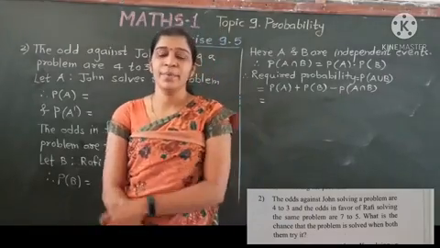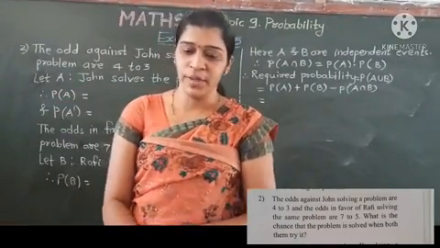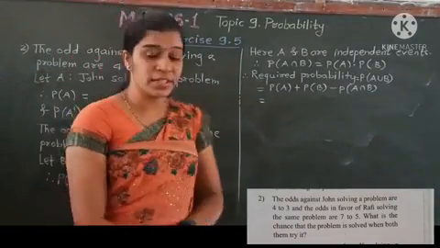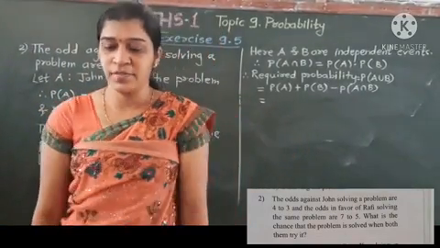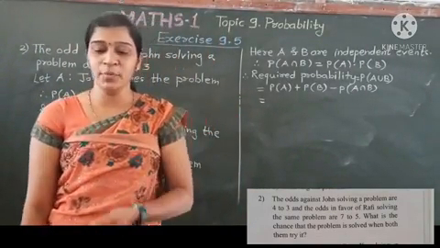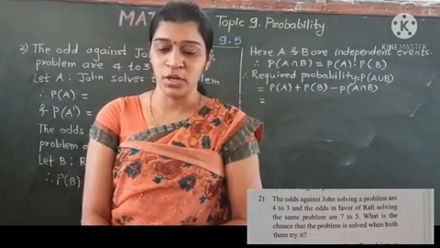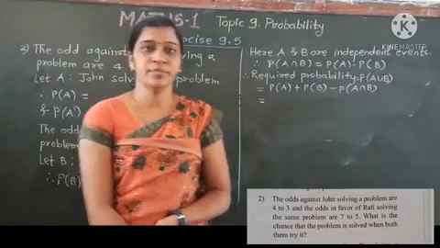See the second example in the textbook. The odds against John solving a problem is 4:3 and the odds in favor of Rafi solving the problem is 7:5. Find the probability that the problem is solved when both of them try it.